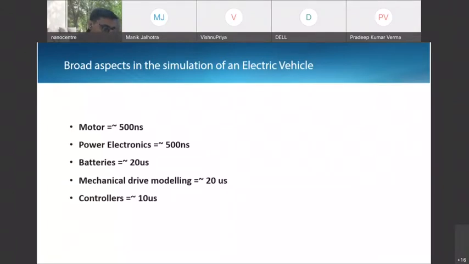Whereas when we are working with high PWM pulses which we need to generate, the time step goes into the range of nanoseconds. So whenever we are working with any real-time simulator, the time step is always the most important thing which we need to take into picture.